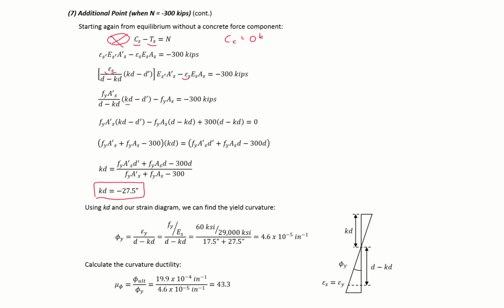So this means that our neutral axis is 27.5 inches above the cross section, which means the entire cross section is going to be in tension. We can use this to find our yield curvature, and then use our yield curvature and our ultimate curvature to find our curvature ductility. And you can see that at this point we have a very large curvature ductility. So as we approach our pure tension axial load capacity, our curvature ductility is going to progress towards infinity.